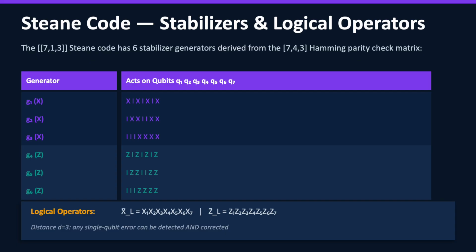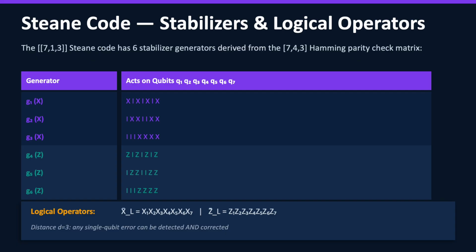The remaining 3 checks do the same job for phase flip errors, using the same mathematical structure but applied in the phase direction. What is beautiful about this arrangement is that the 2 sets of checks are completely independent of each other. A bit flip error affects only the first set of checks, and a phase flip error affects only the second set.